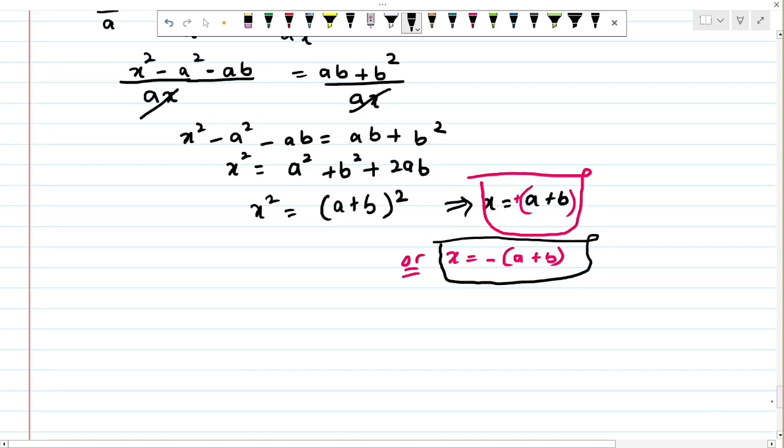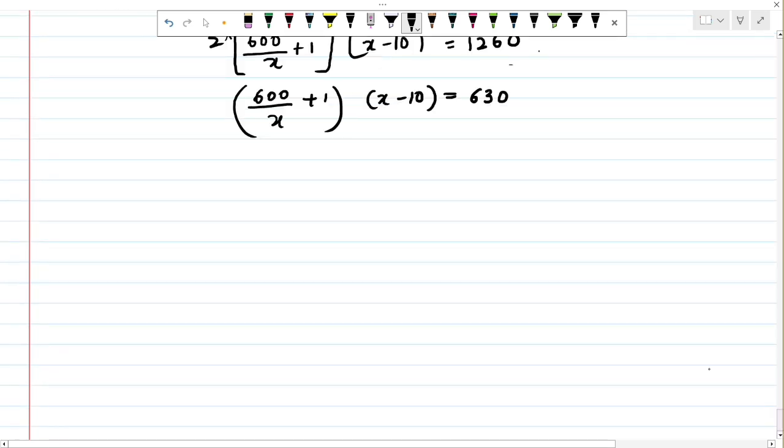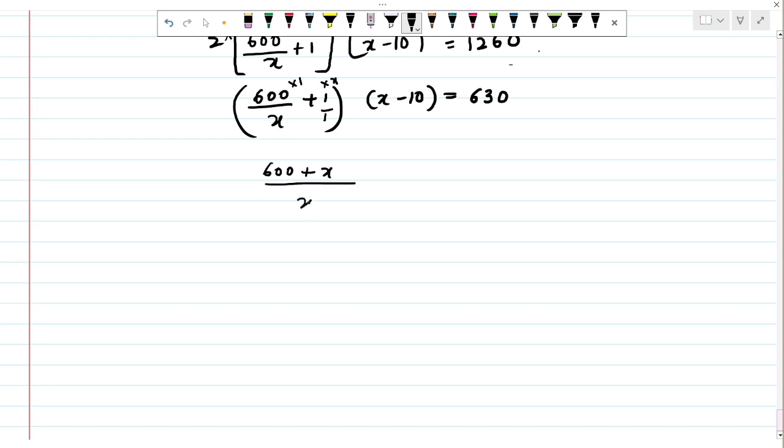So next term is, that is 600. I'll take this to this part as LCM, which becomes 600 plus x. So I'll multiply it with 1 and I'll multiply it with x. Why? Because our LCM we got here is x. So this is one term and the next term is x minus 10 as it is, which is equal to 630.